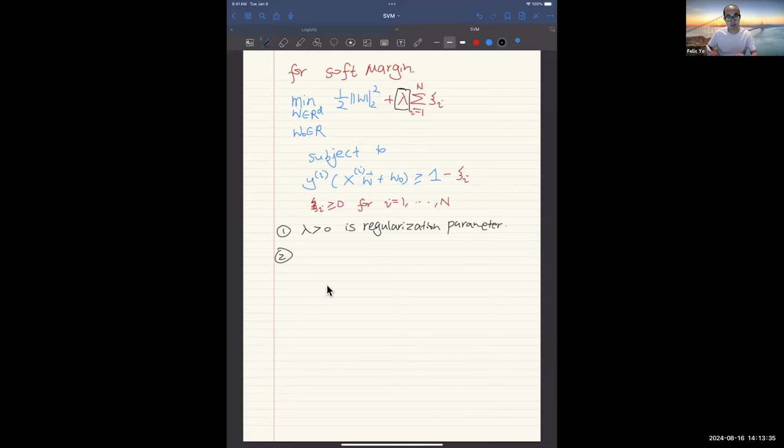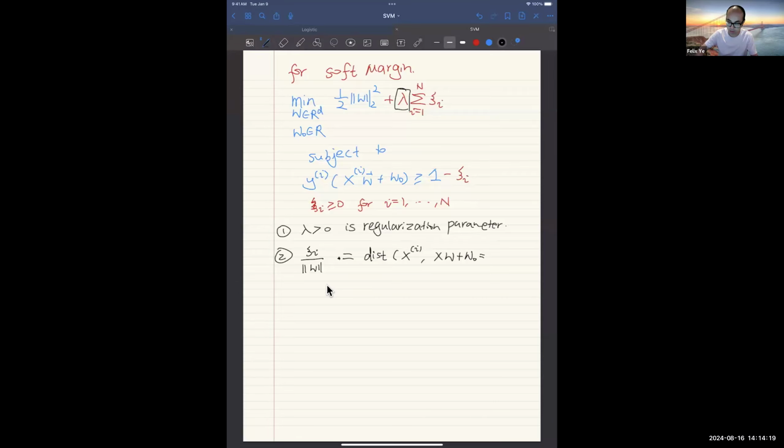And also you have some meaningful thinking: this c of i divided by the norm of W is actually the distance between x of i and the corresponding margin boundary. So the corresponding margin boundary is x of W plus W0 equal to the corresponding margin boundaries.